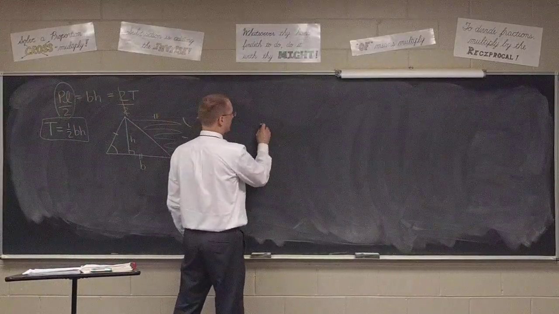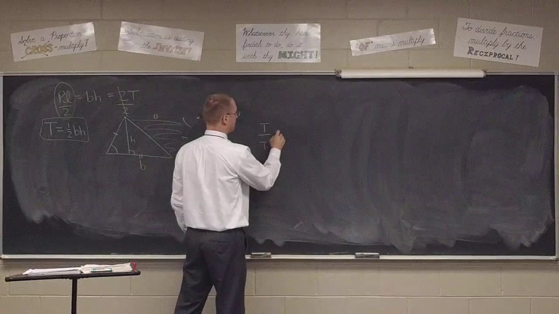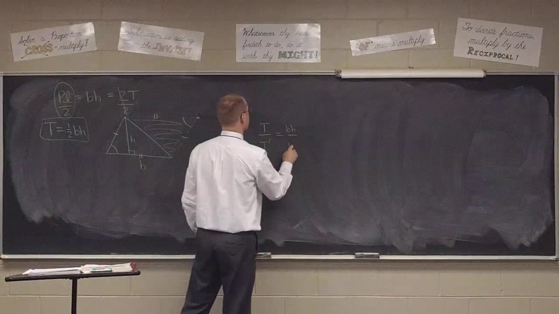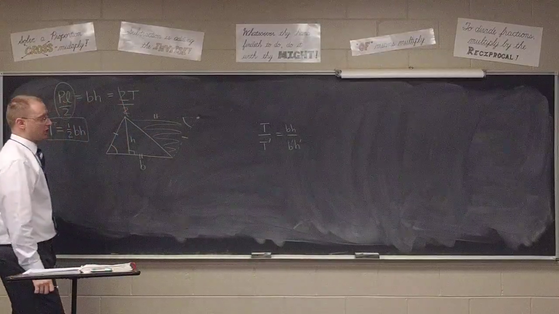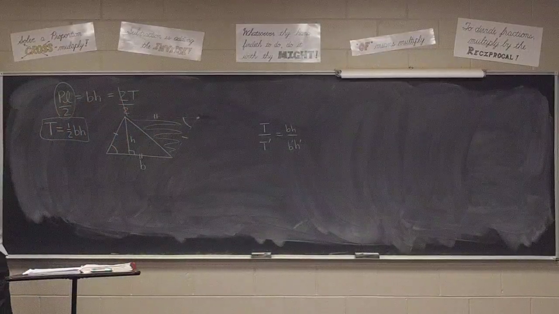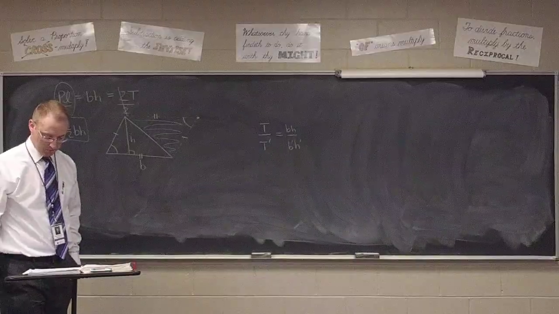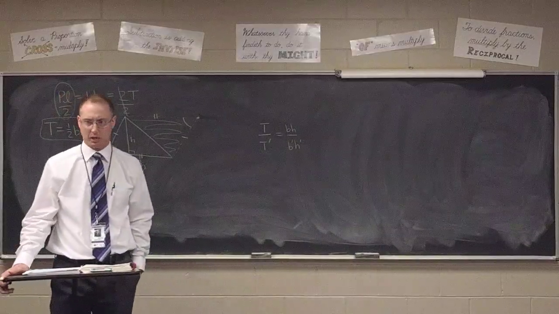Once you have that down, write this down. T is to T prime as BH is to B prime H prime. Any two triangles are to each other as the products of their bases and altitudes. That is, T is to T prime as BH is to B prime H prime.